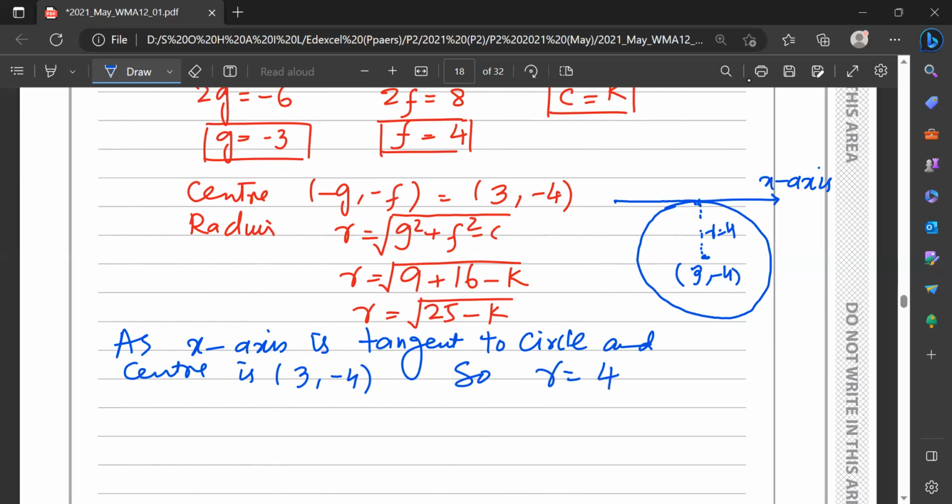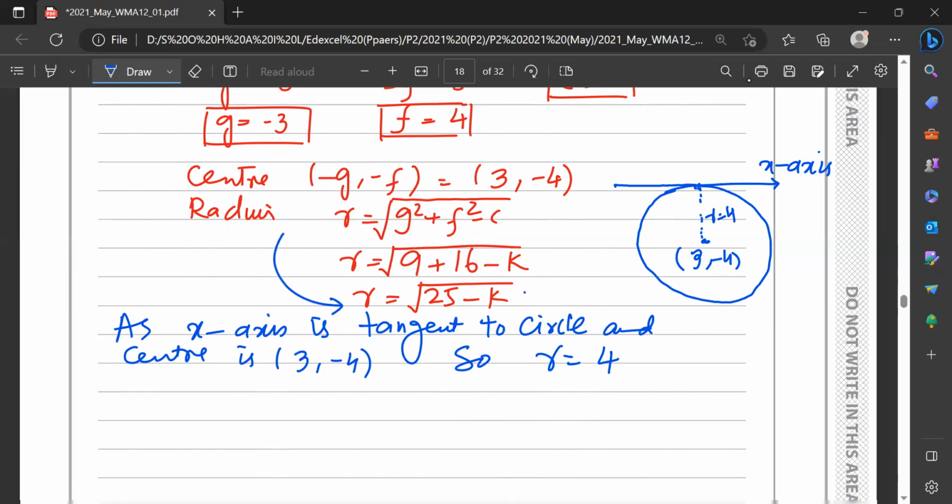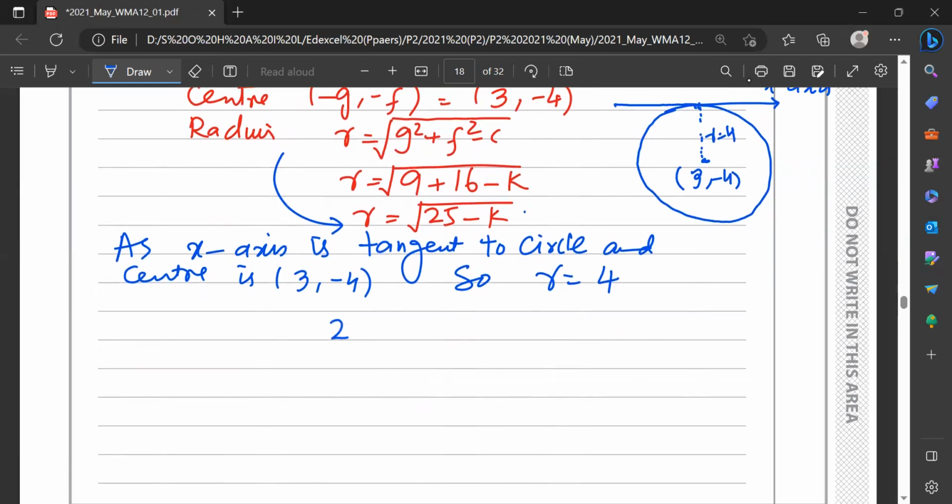So the radius is 4, and this was also the radius. So I can write 25 minus k, which is the radius in terms of k, is equal to the radius, which is 4.